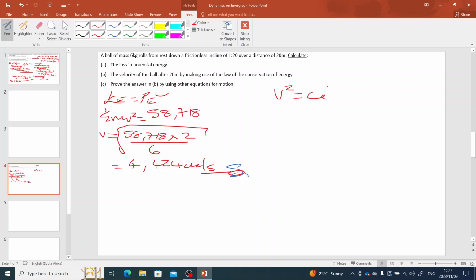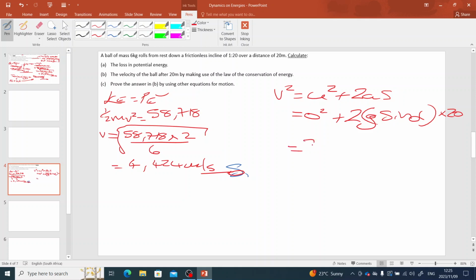V squared equals U squared plus 2AS. Our U is 0, plus 2, open bracket, g sine alpha, close bracket, multiplied by 20. Now, we have 2 times 9.8 multiplied by sine, we got our angle as 2.862, multiplied by 20, all square root.